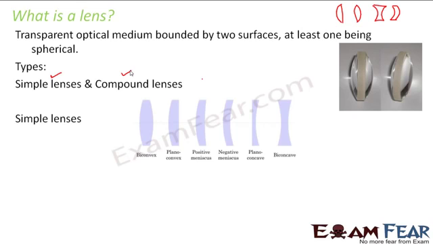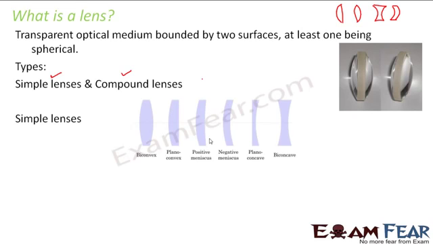Under simple lenses you have all these different lenses which are formed by a combination of one spherical surface and another spherical or plane surface. For example, this is formed by two convex surfaces, that is called a biconvex lens. This is formed by one plane and one convex, therefore called plano-convex.